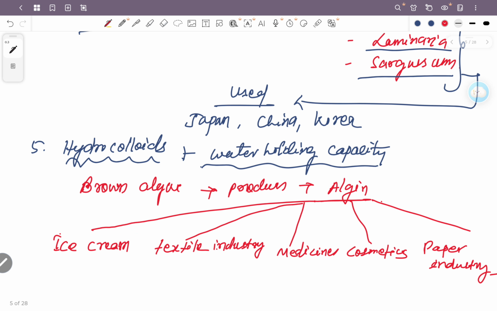Okay, so these are the uses of algin, and algin is produced by the brown algae.